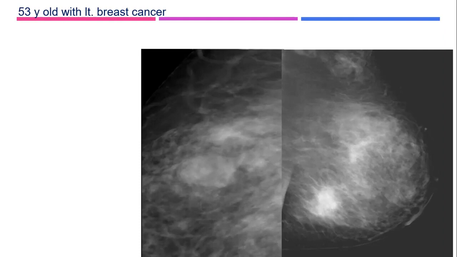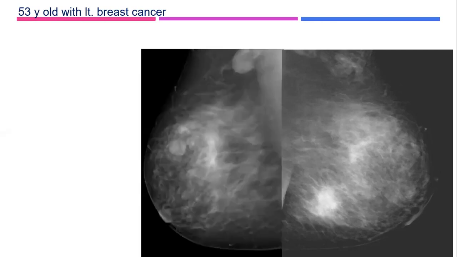That was my mistake. You see, because it was echo-free. Okay, echo-free. Yeah. And only the wall is lobulated, and I ignored the surrounding distortion.